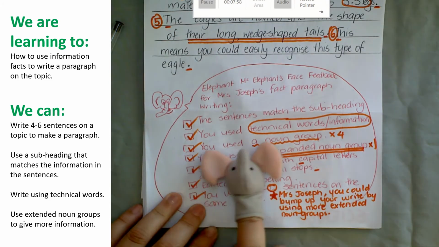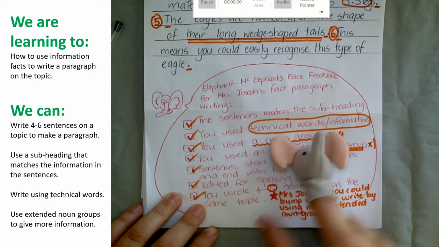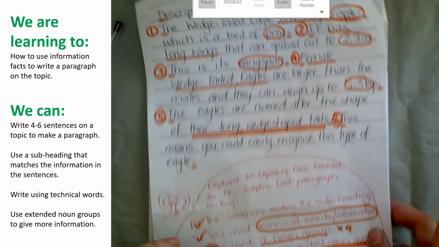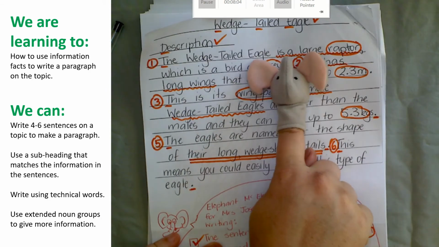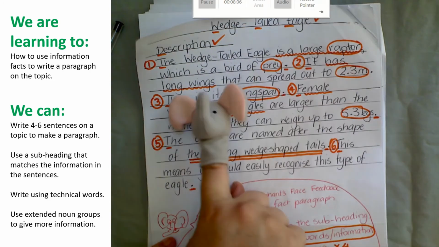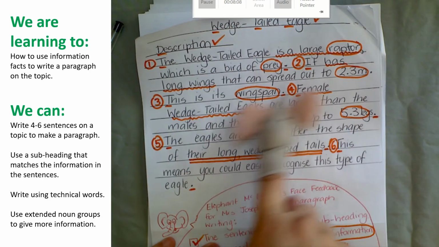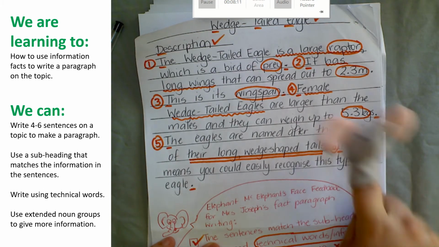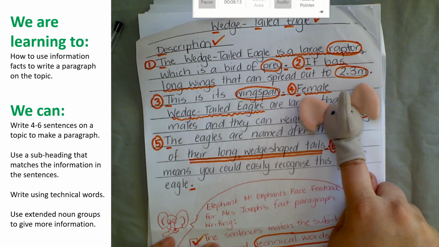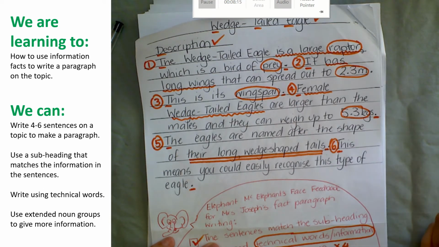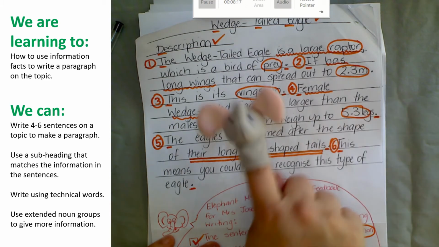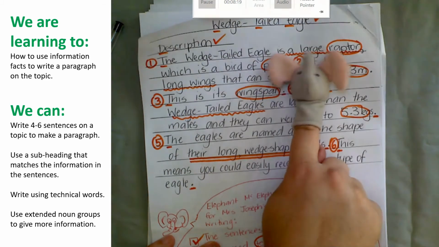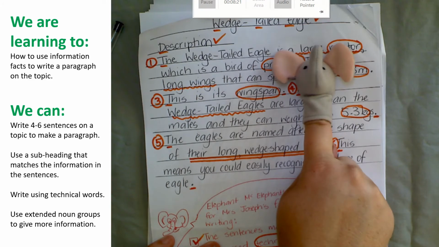It says you used a noun group. So when he read my writing and he looked through, he saw that there was 1, 2, 3, 4, no, only 3 noun groups. So the noun was raptor, the describing word was large, a large raptor.